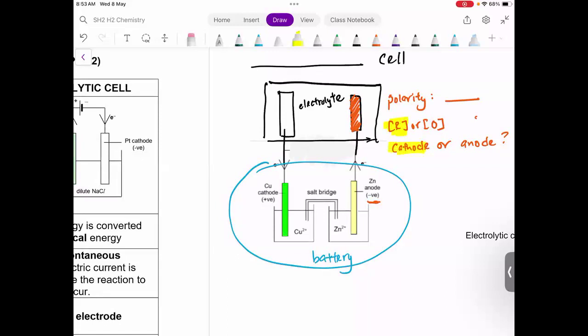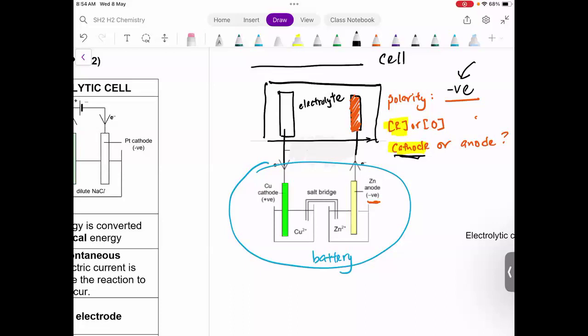And in this case, because it's connected to the anode, it will assume a negative polarity. Yeah. So you notice that, right? For the electrolytic cell, where you have the cathode, the polarity is opposite to what you have for the electrochemical cell. Make sense?